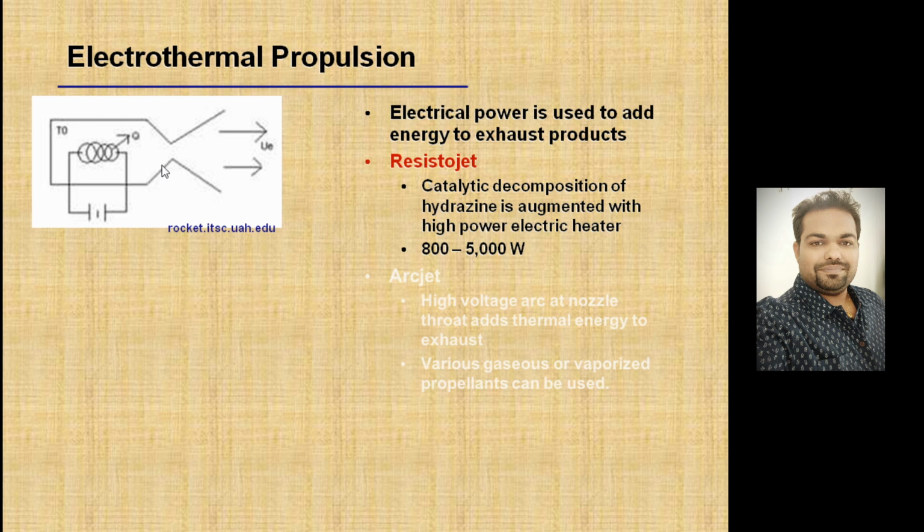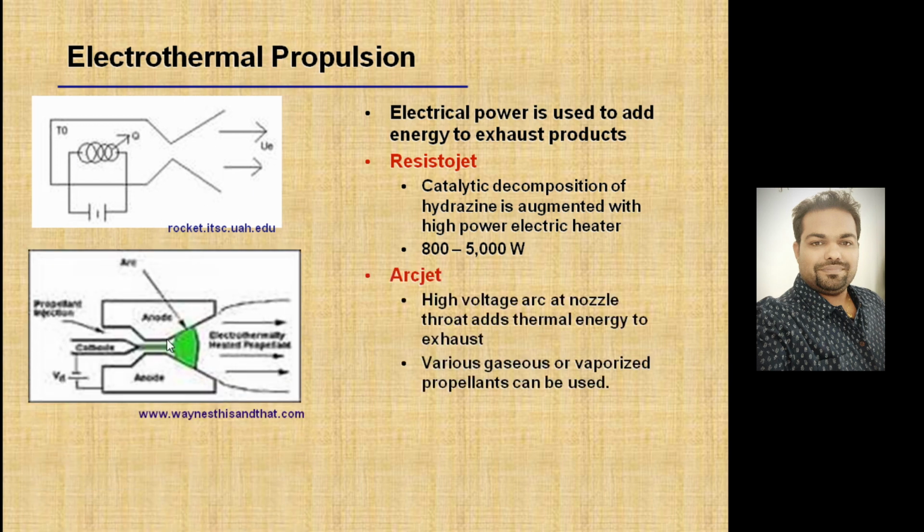So catalytic decomposition of hydrogen is augmented with a high-power electric heater, a coil, which generates heat. It requires around 800 to 5000 watts of power for creating thrust.